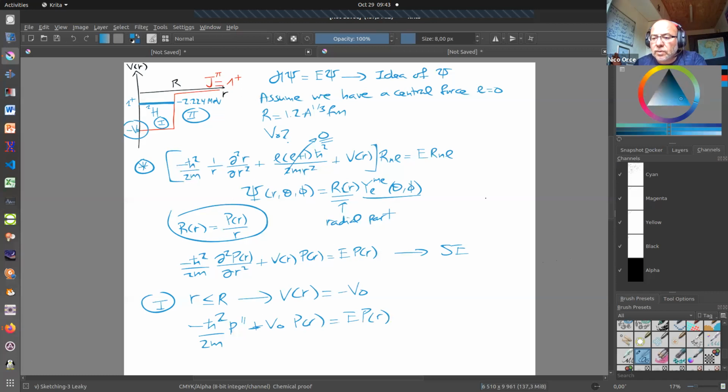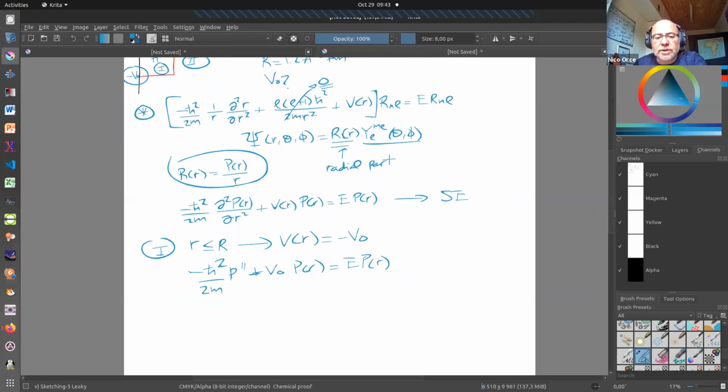So this simplifies the differential equation to P second derivative plus 2m over h bar squared times V naught minus B, as again we have used that B, the binding energy, is equal to minus E, right? And this is equal to 0, where this term is greater than 0.